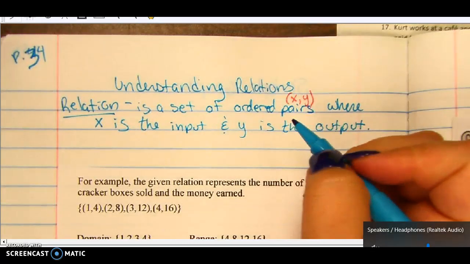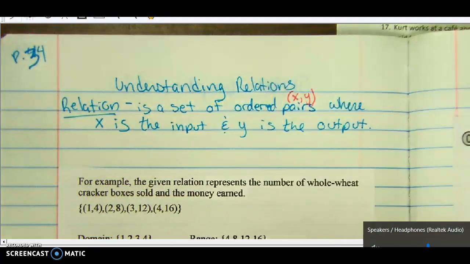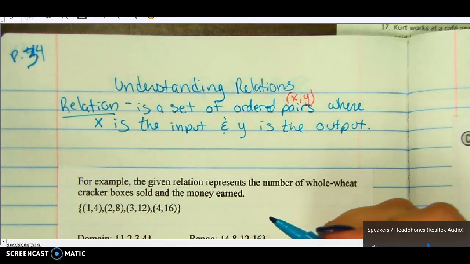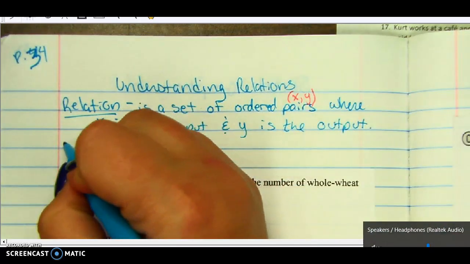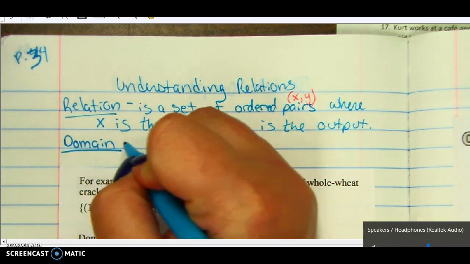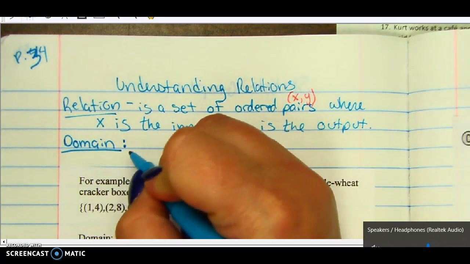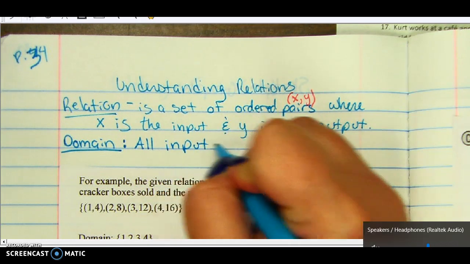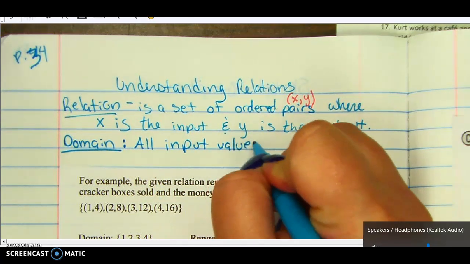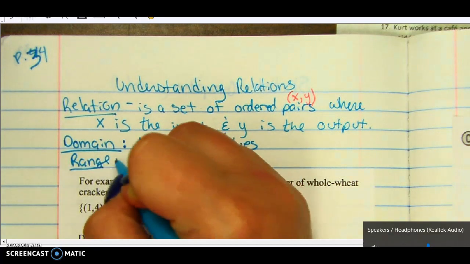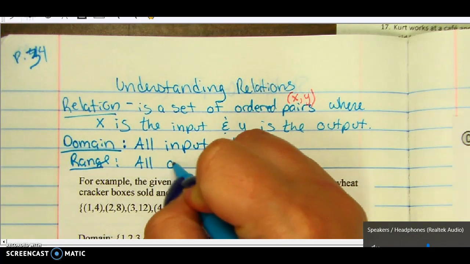So the next thing that we need to look at is, let's talk about domain and range. Now, last time we talked about domain being all X's and range being all Y's. So we're going to slightly change that. Now we're going to say that the domain is all of our input values, and the range is all of our output values.